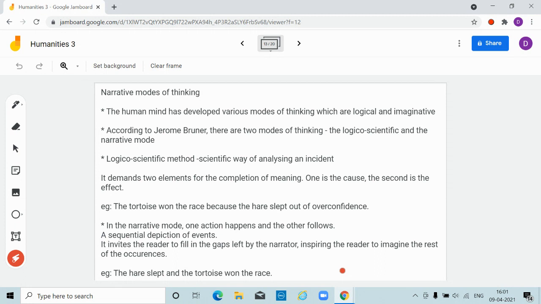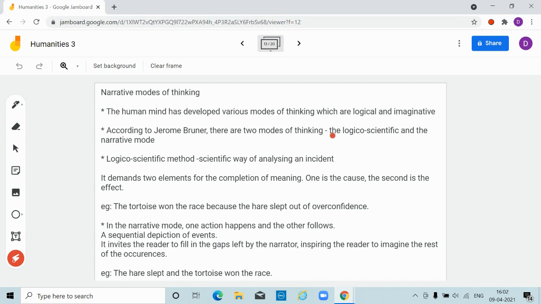Now, the human mind has developed various modes of thinking, which are logical and imaginative. And as we had discussed earlier, narration is an important aspect of human life. According to Jerome Bruner, a very famous American psychologist, there are two modes of thinking.